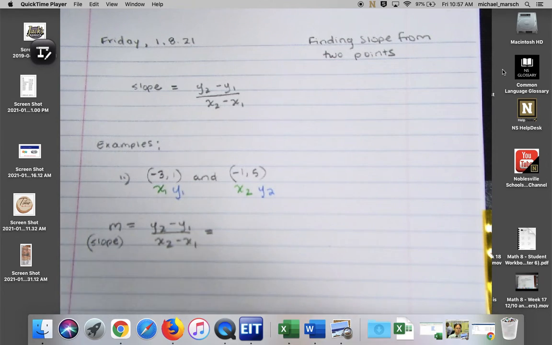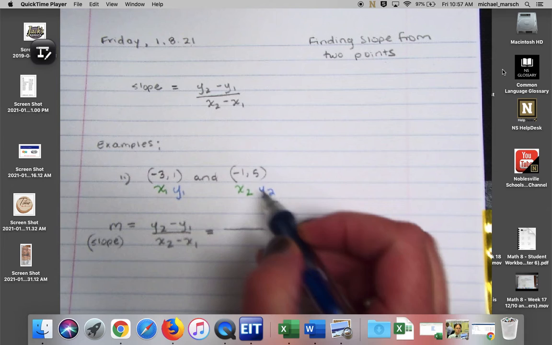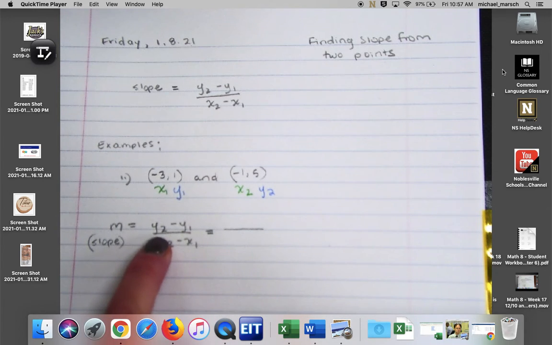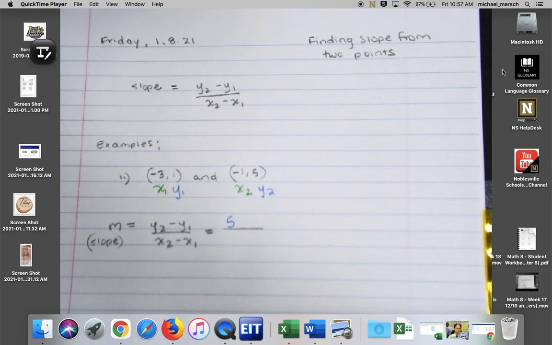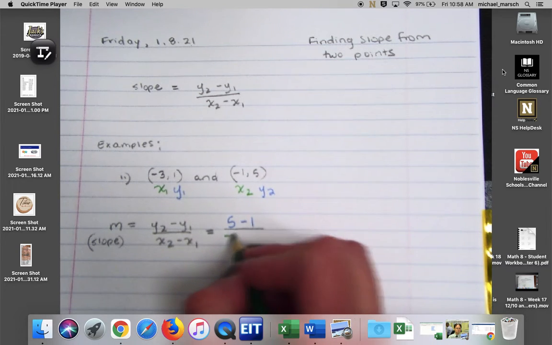Now I'm going to put in the numbers that go along with my y2. What number is my designated y2 value? 5. What number is my y1? So I have 5 minus 1. And then what's my x2 value? -1.